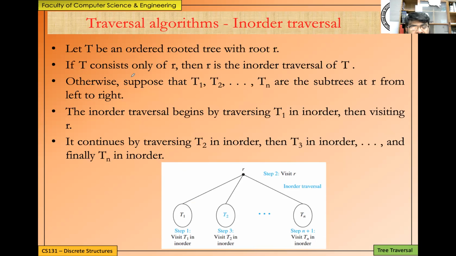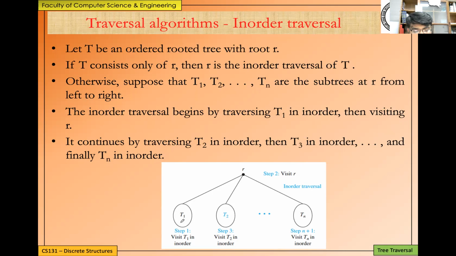let T be a rooted tree with root R. If T consists only of R, then R is the in-order traversal of T. Otherwise, suppose that T1, T2, and so on to Tn are the subtrees at R from left to right. The in-order traversal begins by traversing T1 in order, then visiting R, and then it visits the next child and so on. So basically an in-order traversal is going to start by visiting this first, right?